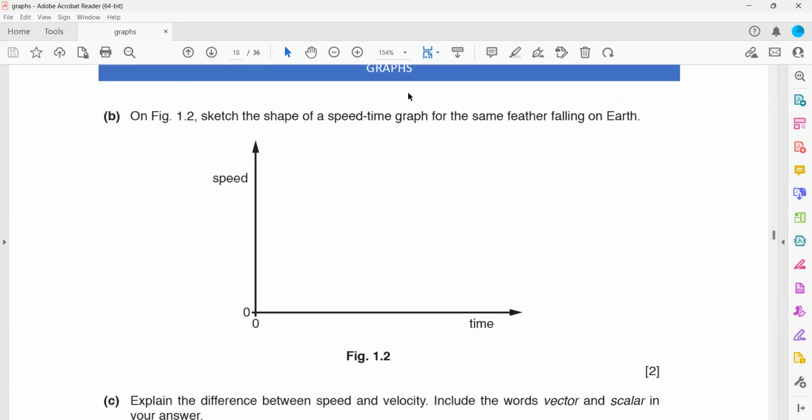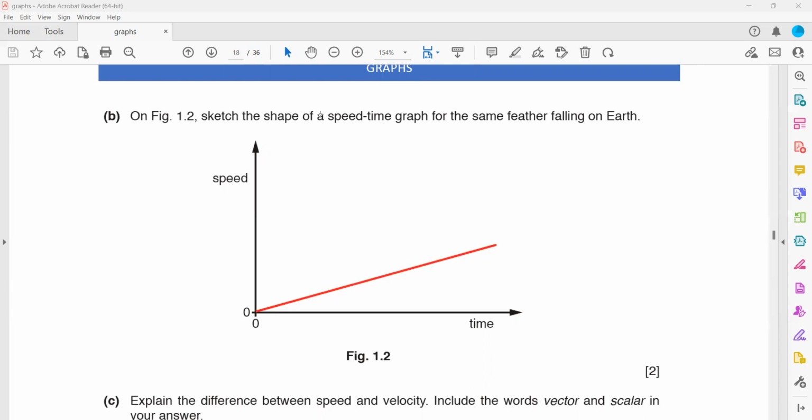On figure 1.2, sketch the shape of a speed-time graph for the same feather falling on Earth. First, how will it differ? As we drew, the acceleration on the moon is smaller, only 1.6, and there's no atmosphere, so it has a constant acceleration. But on Earth, what will happen?